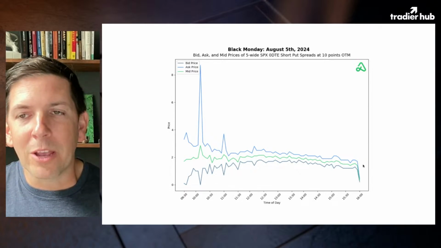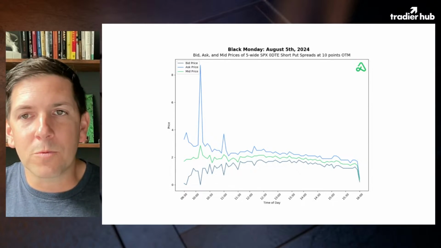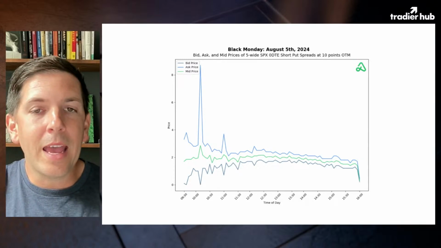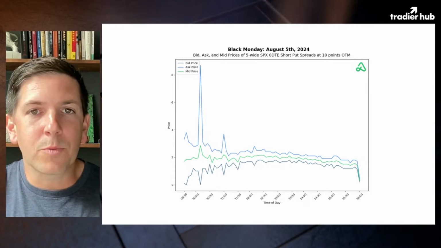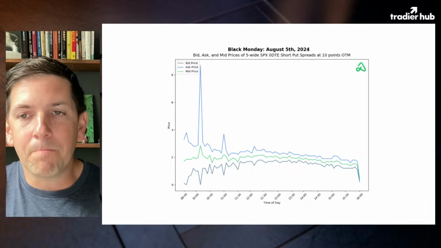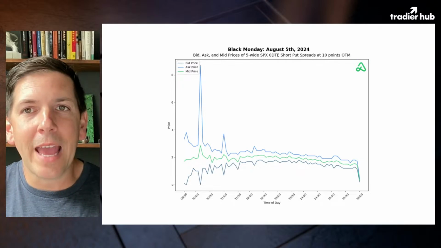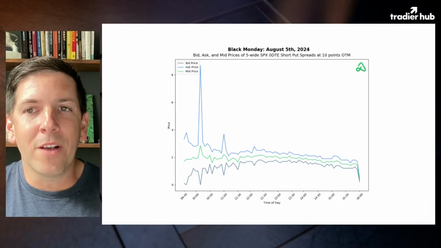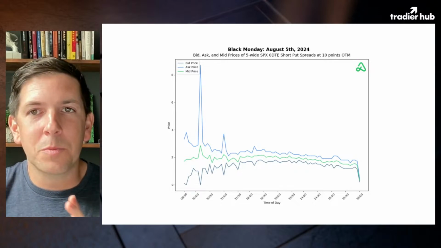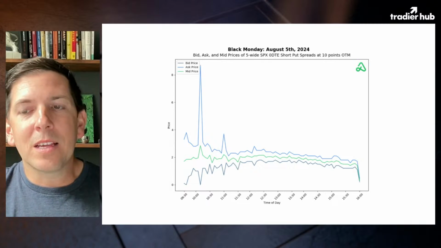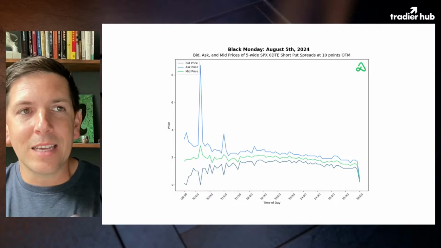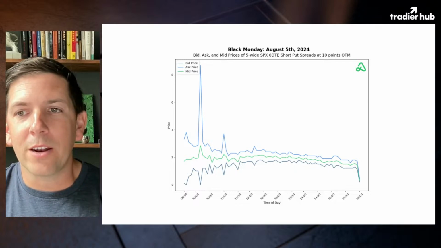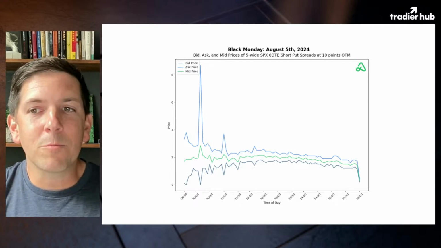I think what's noticeable about this, even though it was just one particular day, is that when you have a high volatility day, you're going to have a lot of volatility in spreads early in the day. That was pretty evident. But B, it's going to behave more like an at the money position on high volatility days. So even though this position was out of the money, it still behaved as if it was at the money, for all intents and purposes, compared to what we looked at in our research, because we have a lot of volatility.